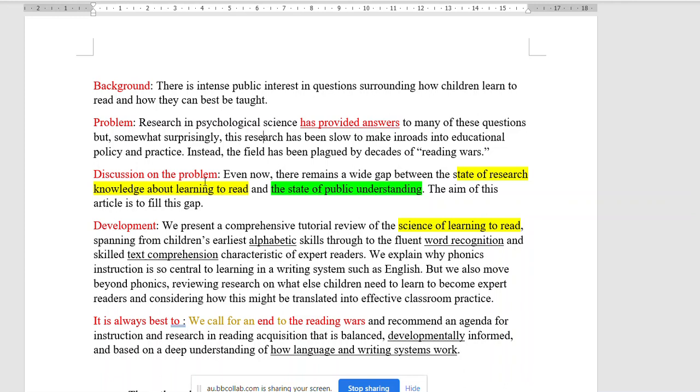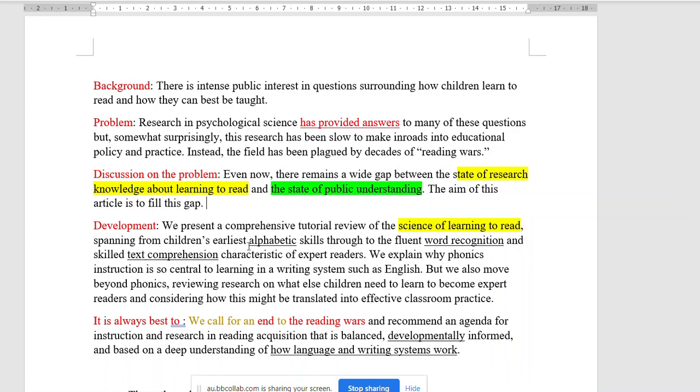So what did they compare? In this particular study, they compared the new understandings that the research suggests, the yellow one, and what people currently think, the green one.